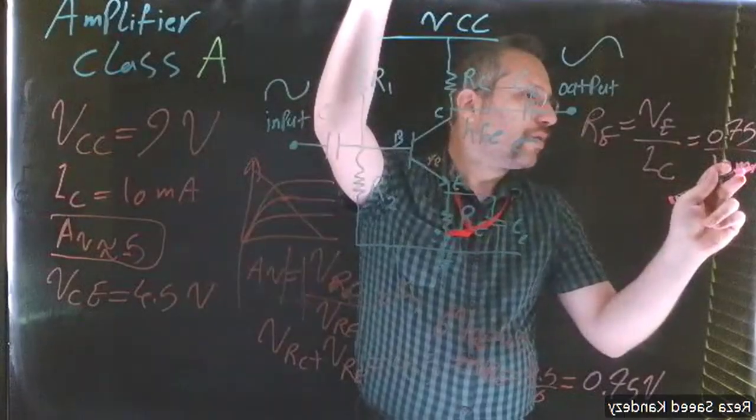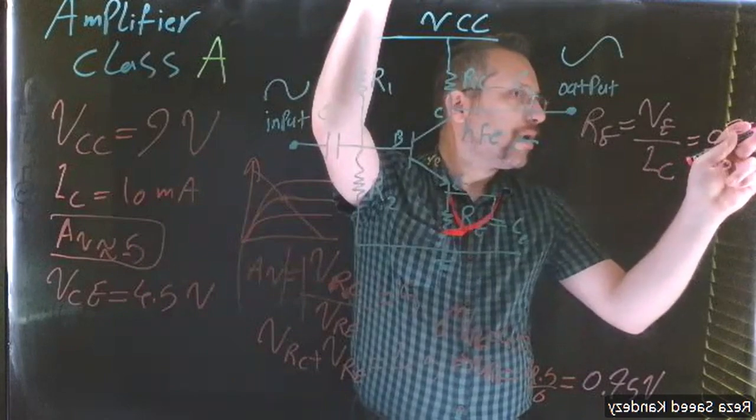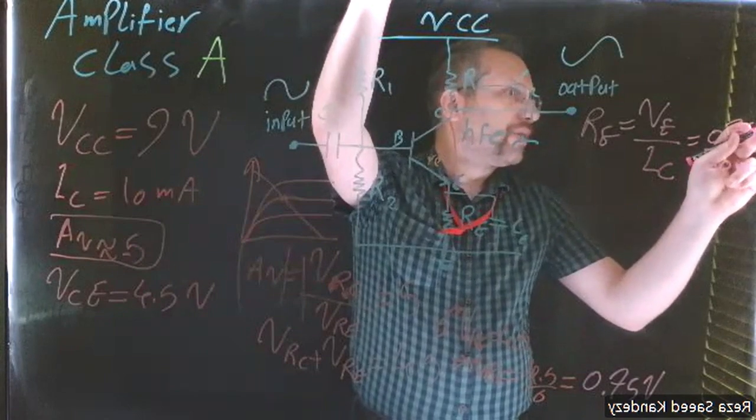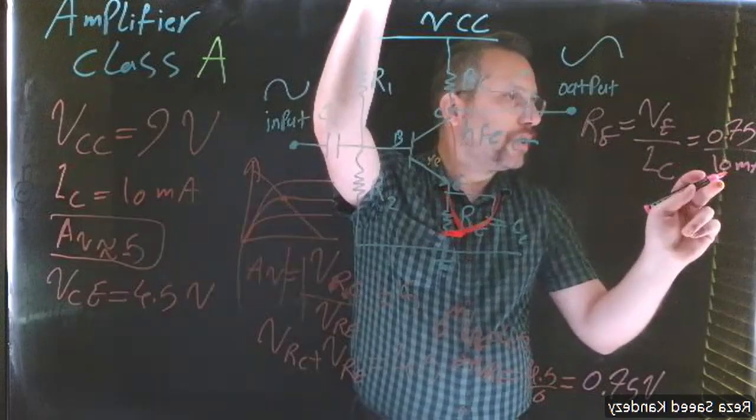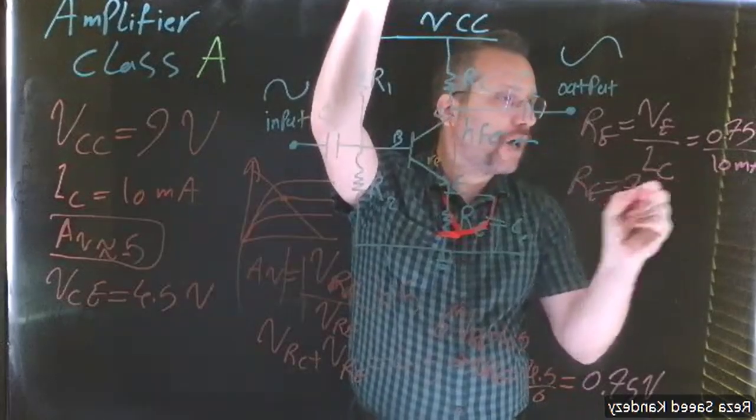This is a K, so it becomes 0.75 K, which is 750 divided by 10, so RE is 75 ohm.